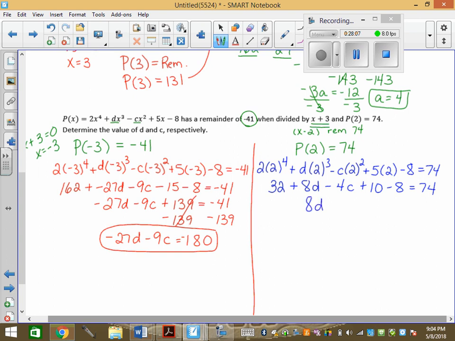So I get 8d minus 4c plus 34 equals 74. Subtract 34. And I get 8d minus 4c equals 40. And I box it.